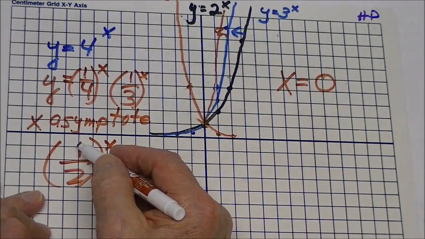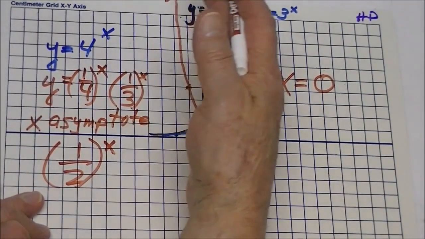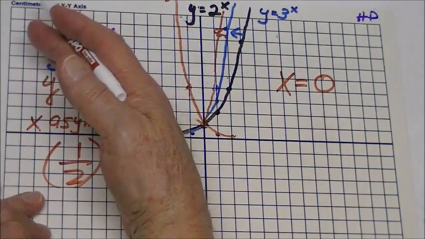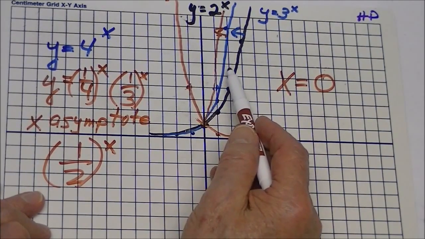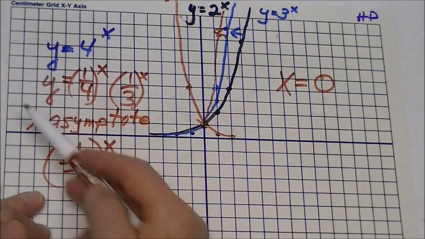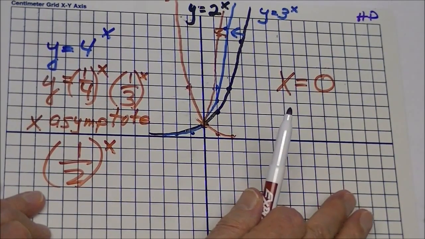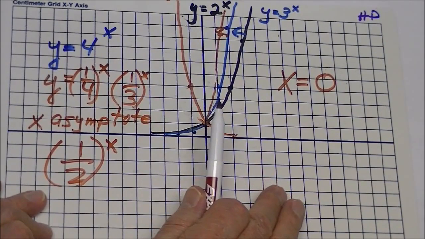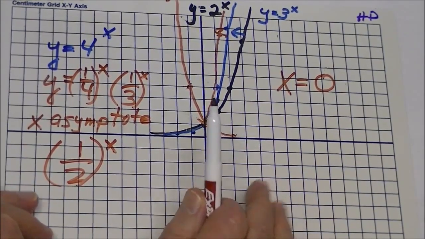So as these fractions, 1/4 is close, 1/3 moves out, 1/2 moves out further, the same as we see on this side. So these are some graphs of the basic exponential functions. You'll be working on this, and we'll be doing some other things as well.